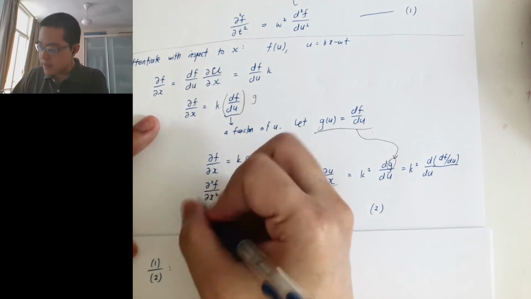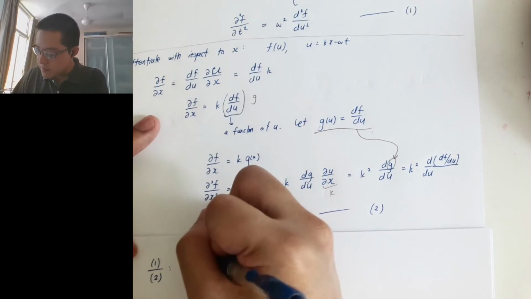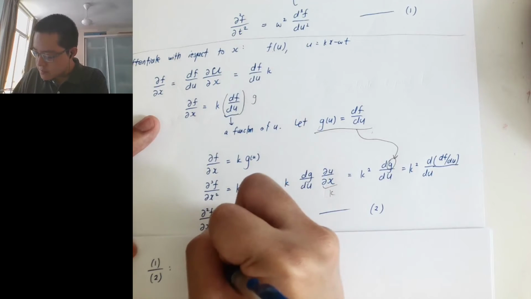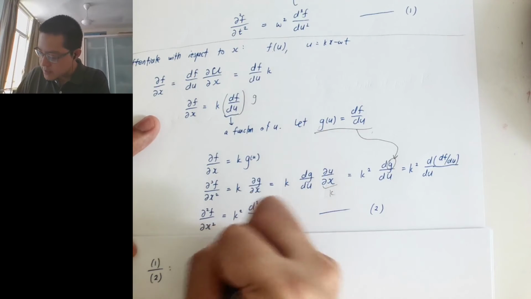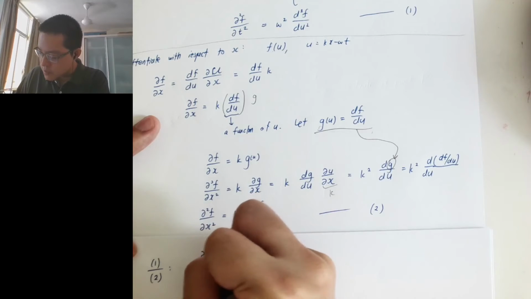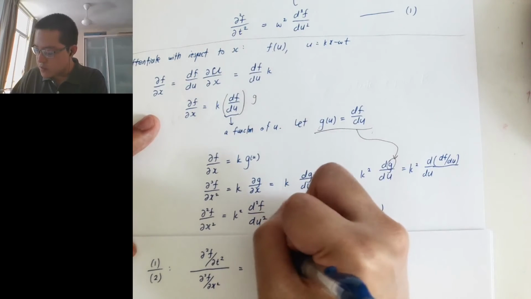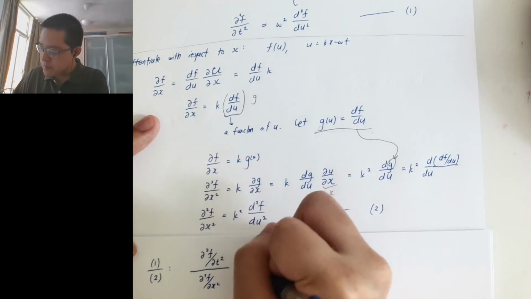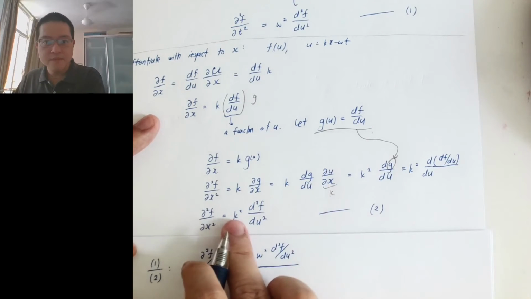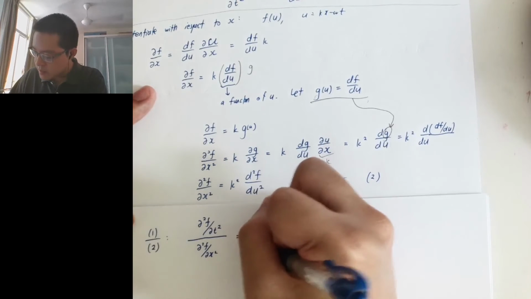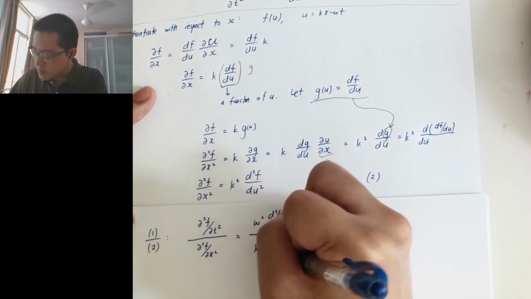On the left hand side is partial squared f partial t squared, and on the right hand side is omega squared d2f du squared. Dividing this, on the other side is partial squared f partial x squared, which is k squared d2f du squared, right?